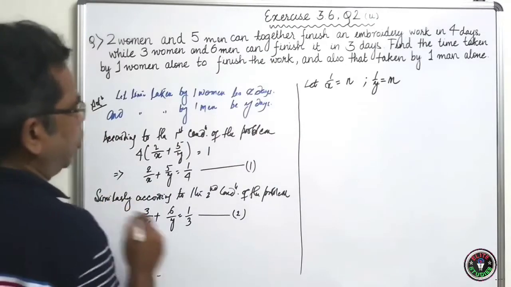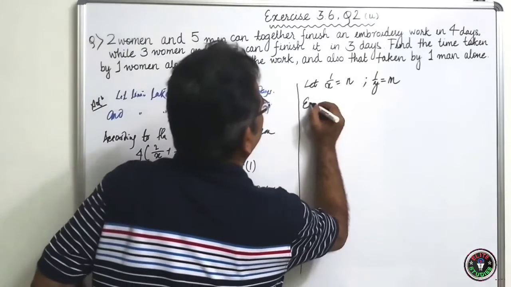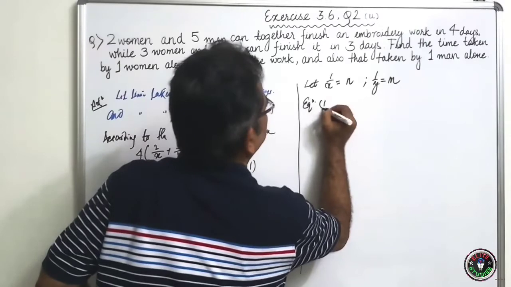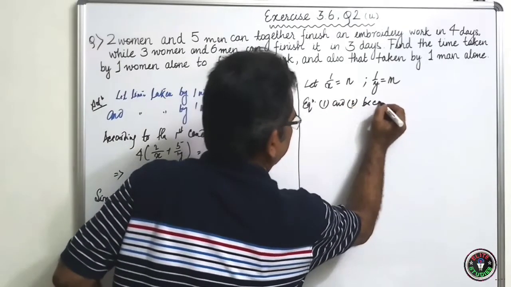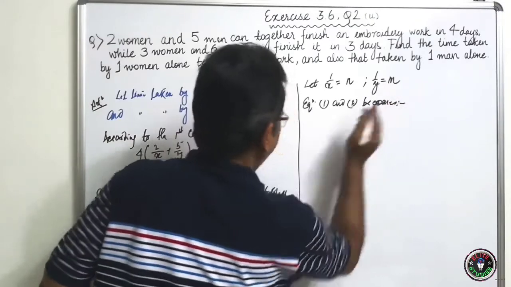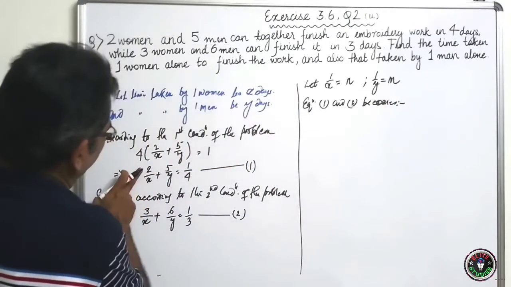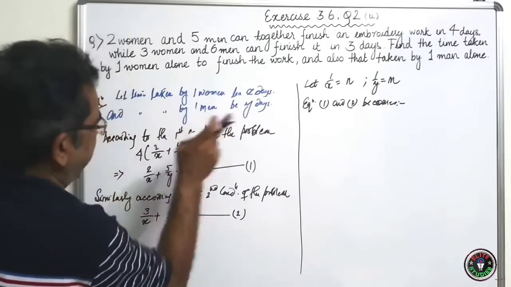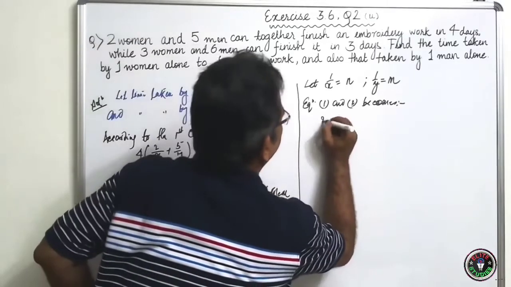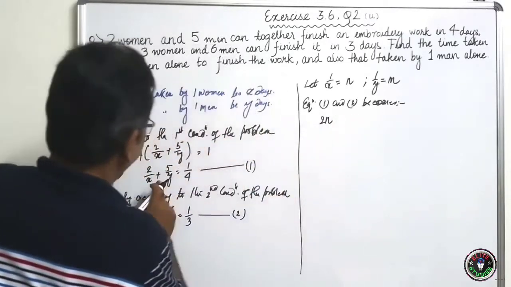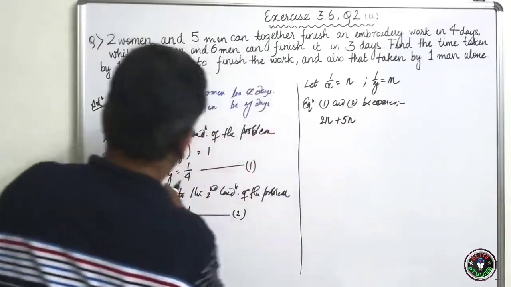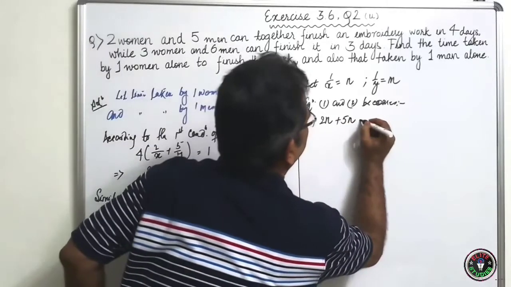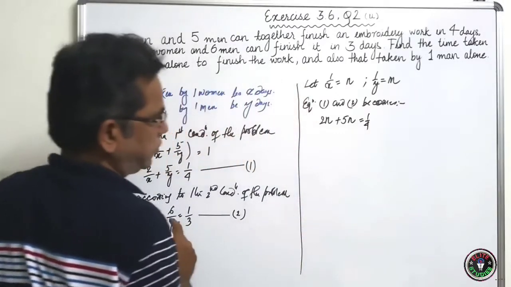Okay, so equations 1 and 2 become, what? 1 by x is n, so it will be 2n plus 5m is equal to 1 by 4.